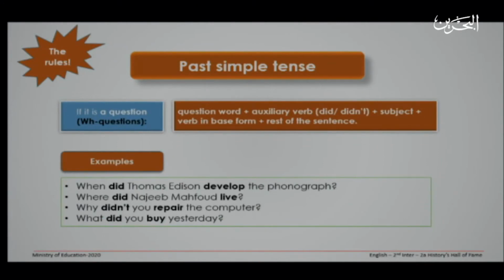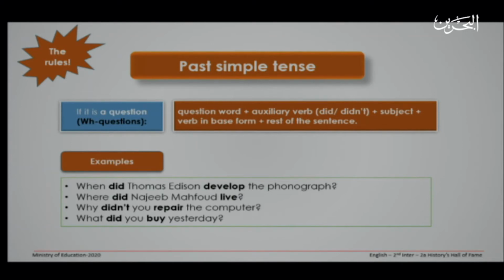In the case of WH questions, we have the question word plus the auxiliary verb, whether did or didn't, plus the subject, plus verb in base form, and then we have the rest of the sentence.